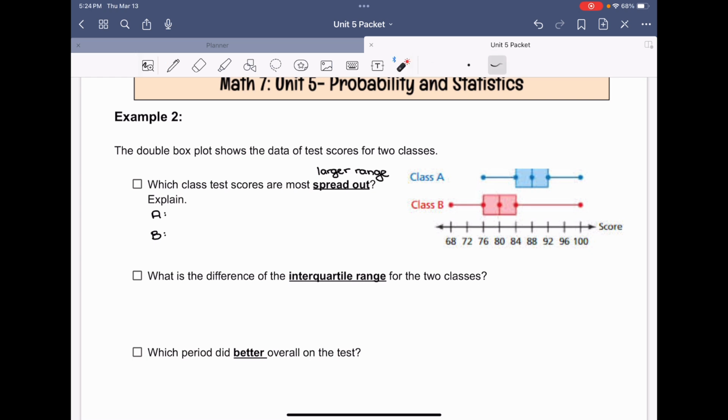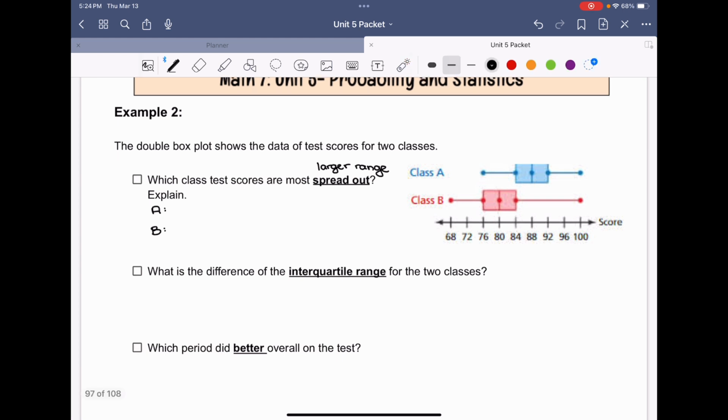Here's our max value for both of them, actually. So we're going to do 100 minus 76, which gives us 24. Then we're going to do 100 minus 68, which is 32. So class B has the larger range.